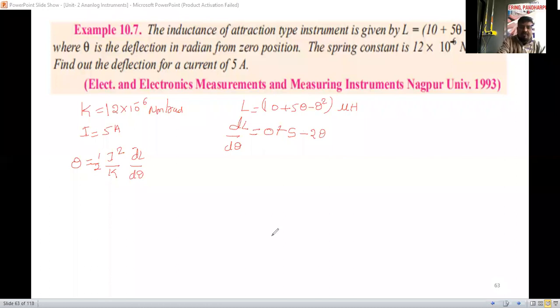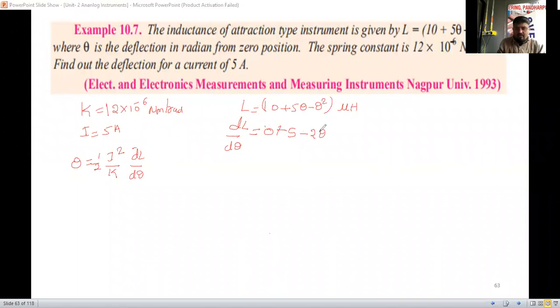Next, L is in microhenry, as they have given here.